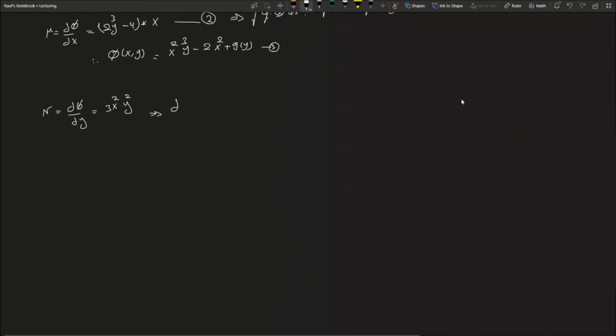So the partial derivative of x squared y cubed minus 2x squared plus g of y with respect to y should equal 3x squared y squared.